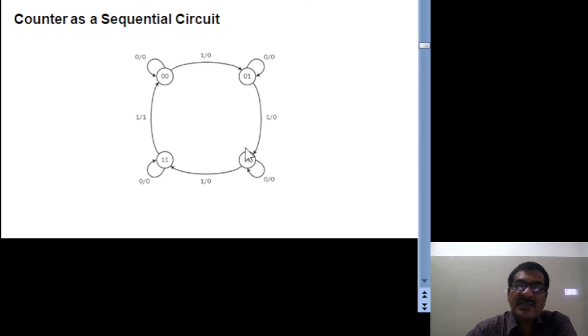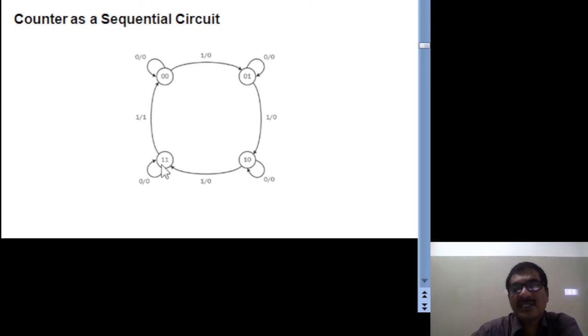So now the present state is 1 0. If the input is 0, it stays in the same state, maintaining the output as 0. Suppose if the input is 1, it goes to the next count, that is 1 1, and showing the output as 0.